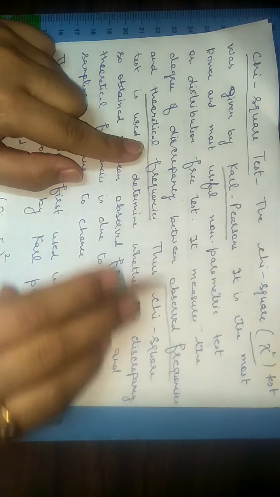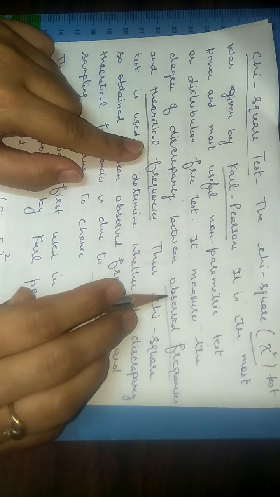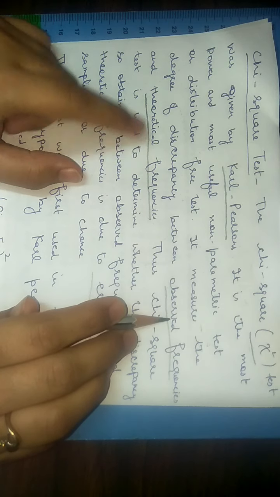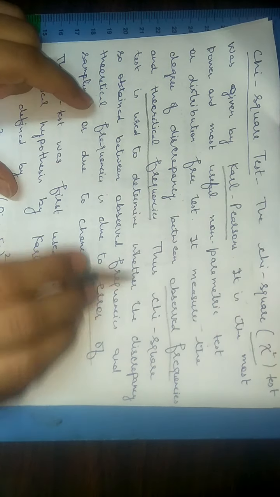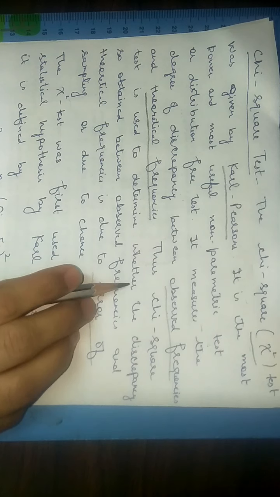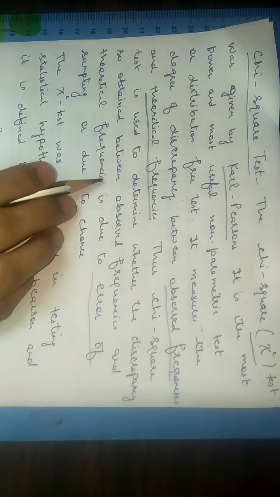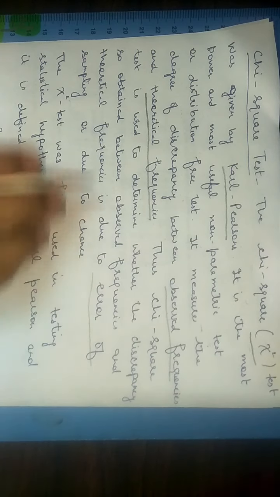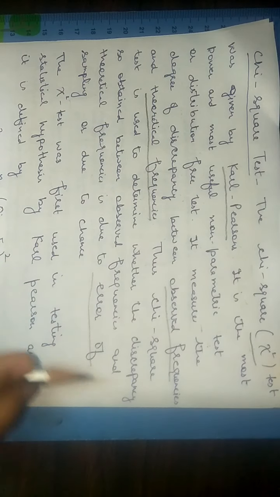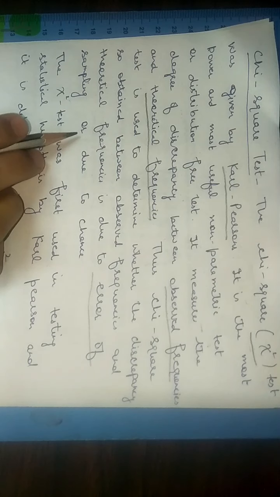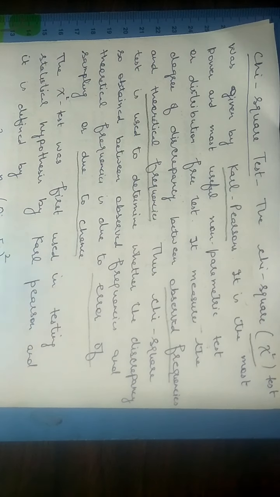That means this test is based on two frequencies, observed frequency and expected frequency. Thus the chi-square test is used to determine whether the discrepancy so obtained between observed frequency and theoretical frequency is due to error of sampling or due to chance.